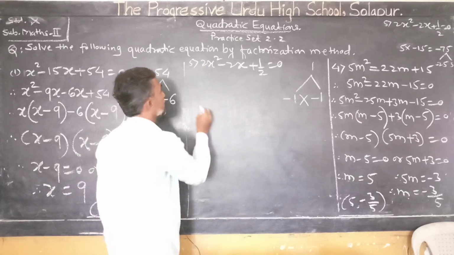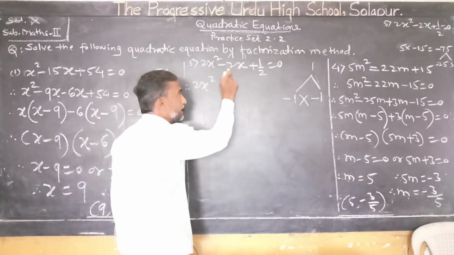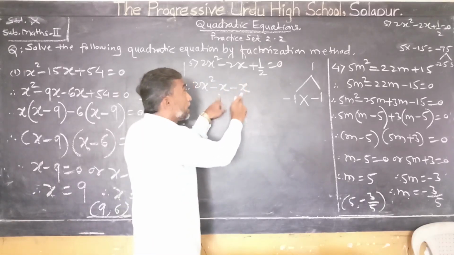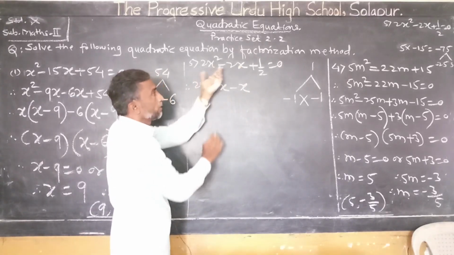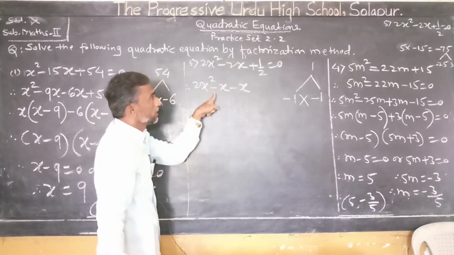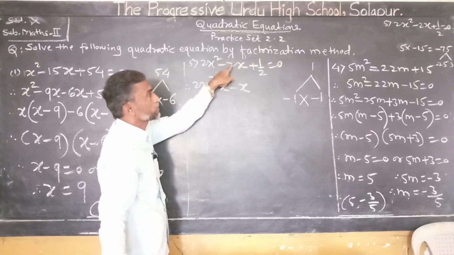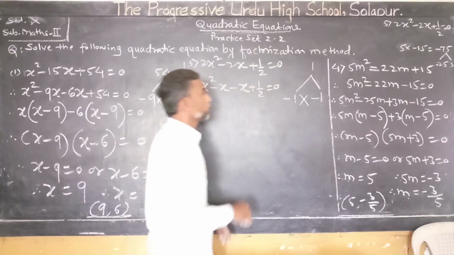Now, split the middle term, therefore, 2x square. Write this middle term, minus 2x, as minus x minus x. Only I have split the middle term. Plus half is equal to 0.